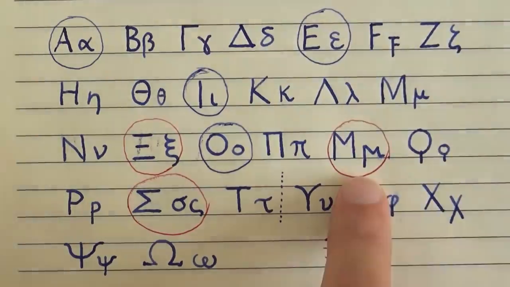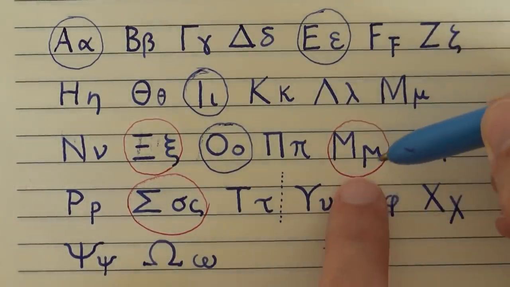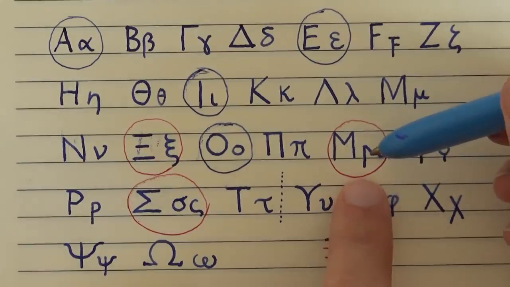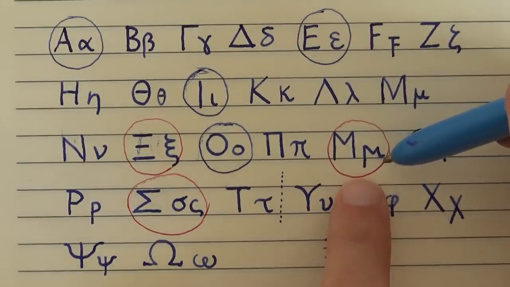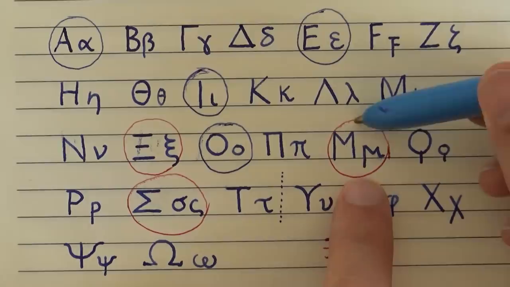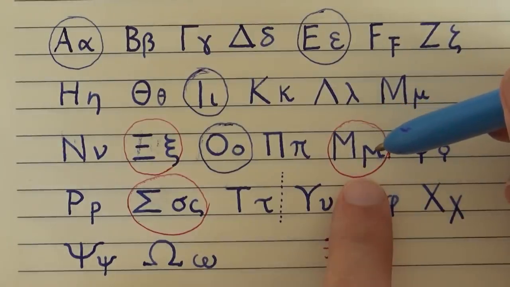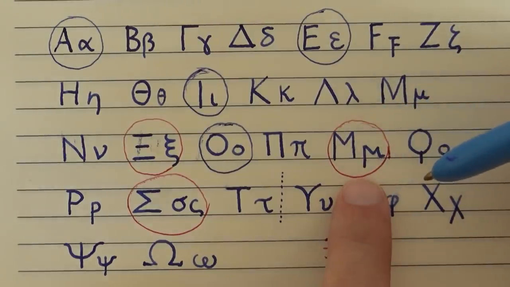And then we have this sun. The Greeks call it sun, but it also has a history of being the letter. For example, in Arabic today we have the letter sad. Sad.